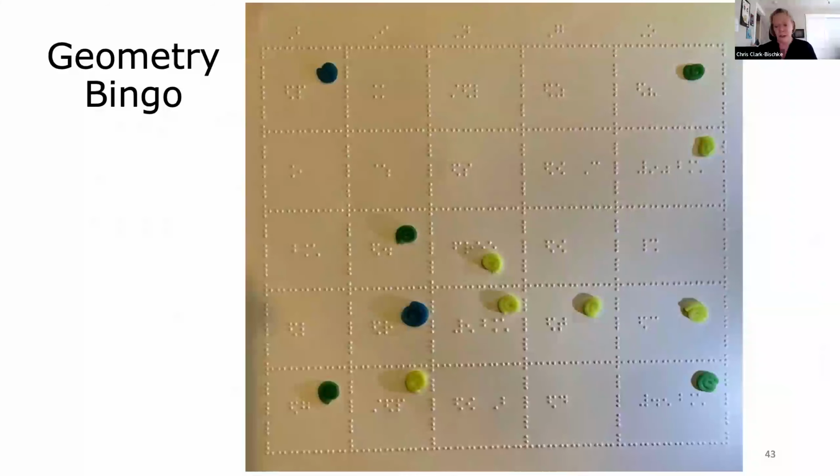And who doesn't love bingo? Bingo is awesome. If I remember correctly, this is a bingo card from Project Inspire, and you'll see that this one is in Nemeth, but again, you could very easily create this in UEB Math and Science. Looking at APH, you've got the APH embossed graph sheet.